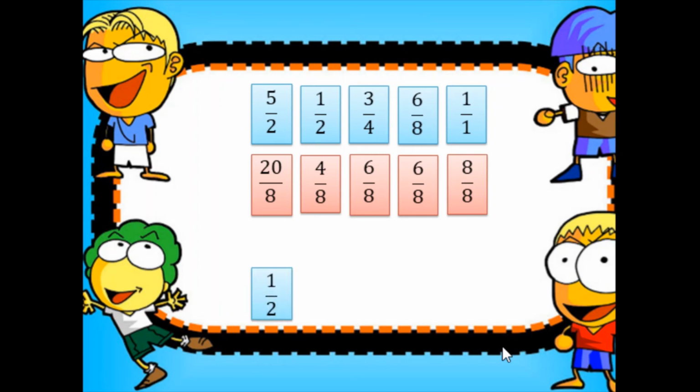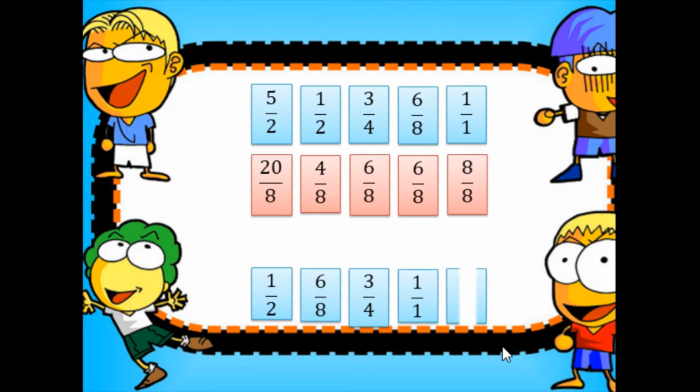Arrange to ascending order. Ascending order means going up. So, what number is the smallest number over here? We've got 4/8. And 4/8 is equal to 1/2.